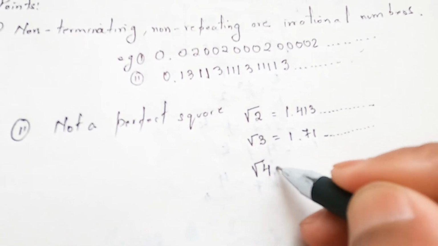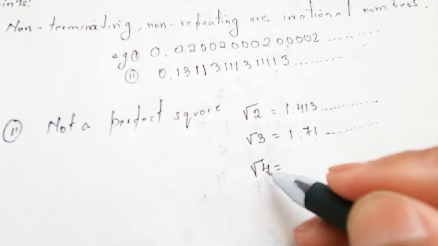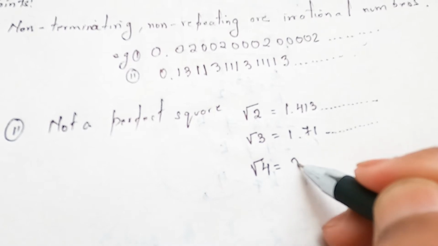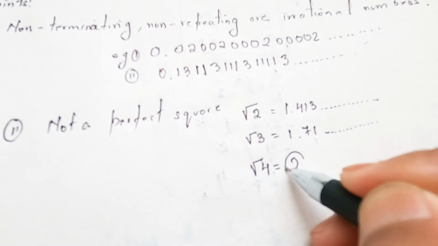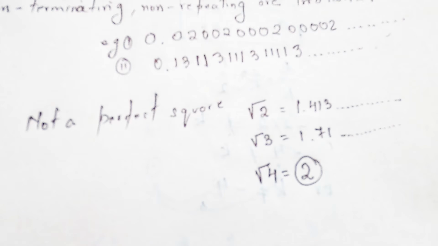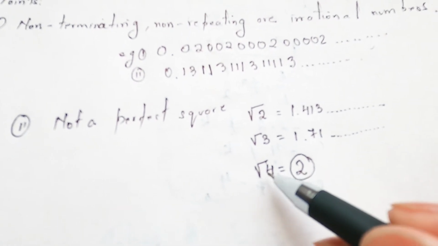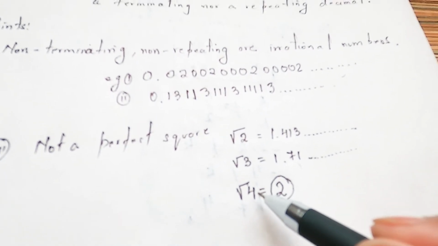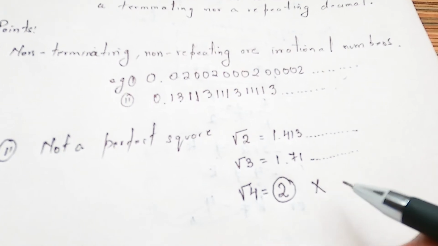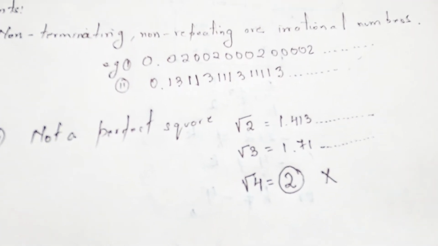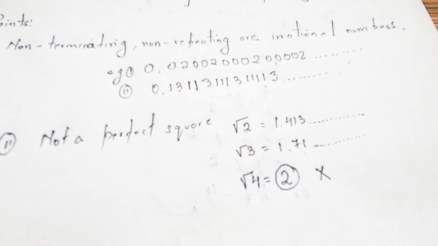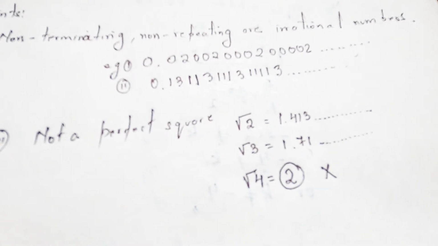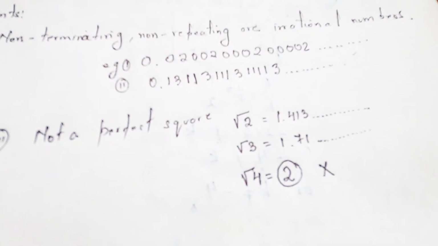What is the square root of 4? The square root of 4 will be 2, so 4 is a perfect square, and root 4 is not an irrational number.